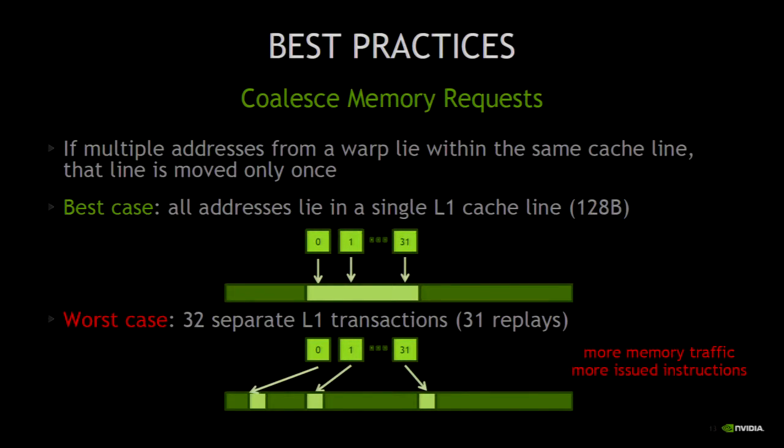The SM will spend some time replaying the instructions instead of doing useful work. So this is not efficient. Try to reorganize your data, maybe realign your access in such a way that threads in the warp ideally access a few cache lines, but not in a scattered manner as shown on the bottom.